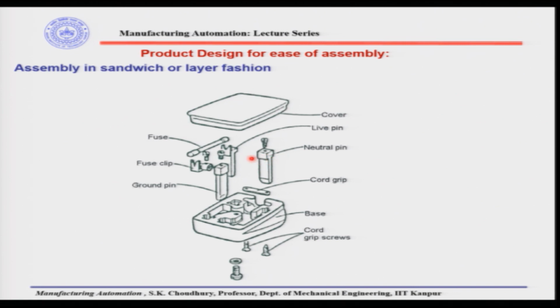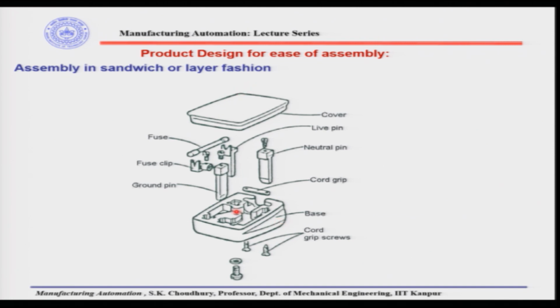So, neutral pin, live pin, ground pin are placed here, then the cover can come. So, all are coming from the top. See, the access to the parts, to the assembly, is from one direction, preferably, as far as possible.